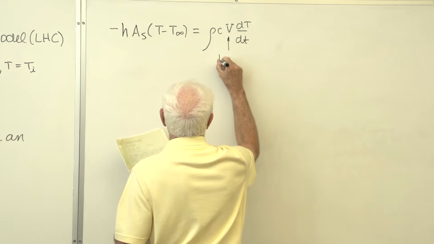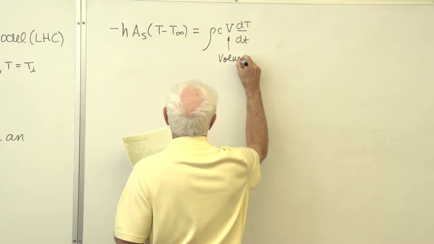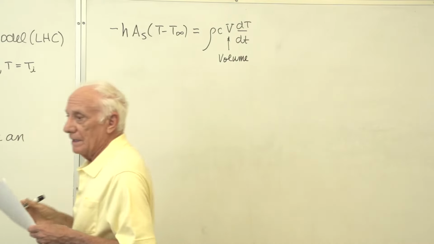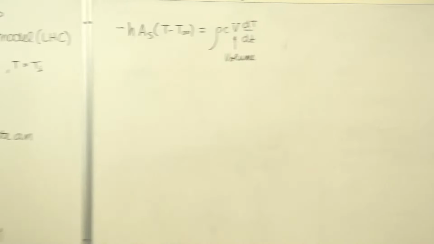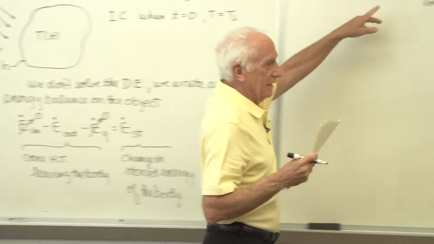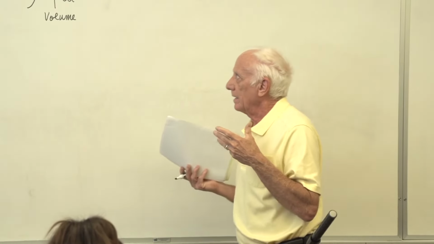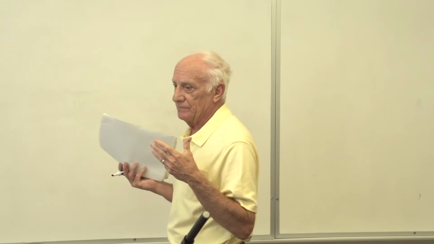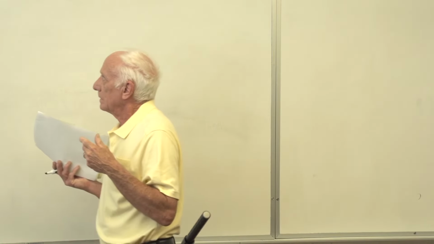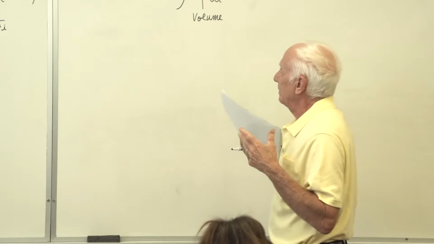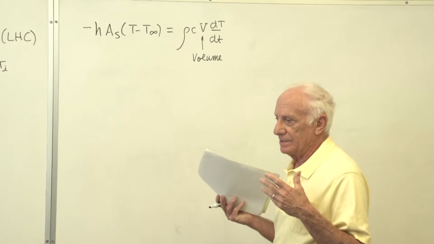Capital V is the volume. Rho times the volume is the mass. The mass times c gives me a measure of how much energy the object can store, mass times c, specific heat. Units of the equation are in watts, both sides in watts.